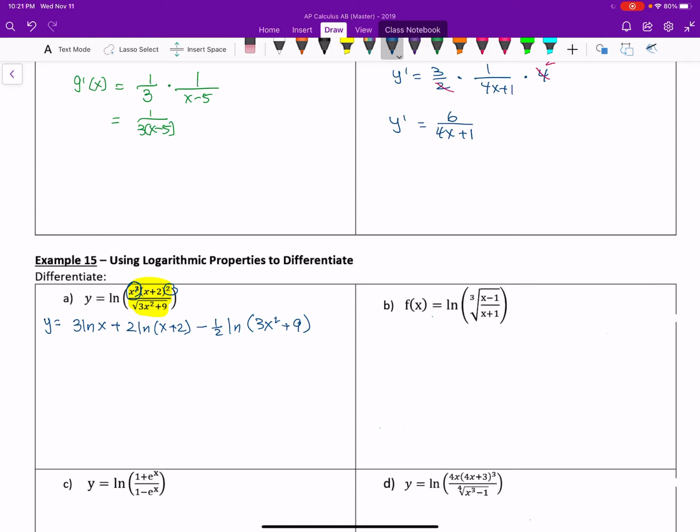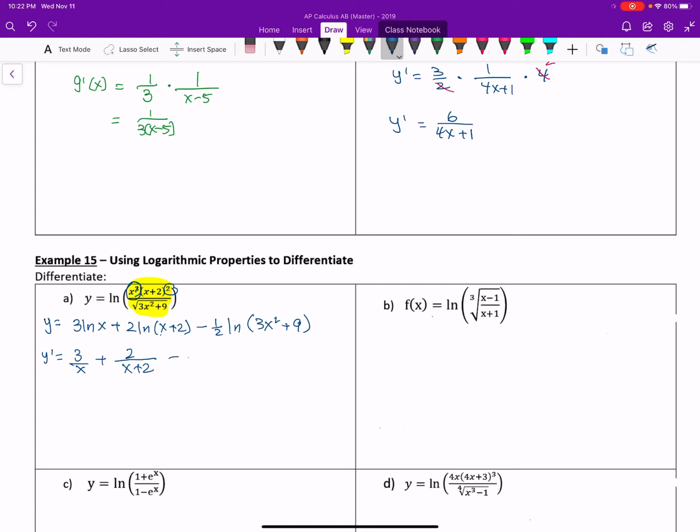So we are going to do y prime is equal to, the first term is going to be 3 times 1 over x becomes 3 over x, plus 2 times 1 over x plus 2. Using the chain rule, it would be times 1. Okay, I'm done.